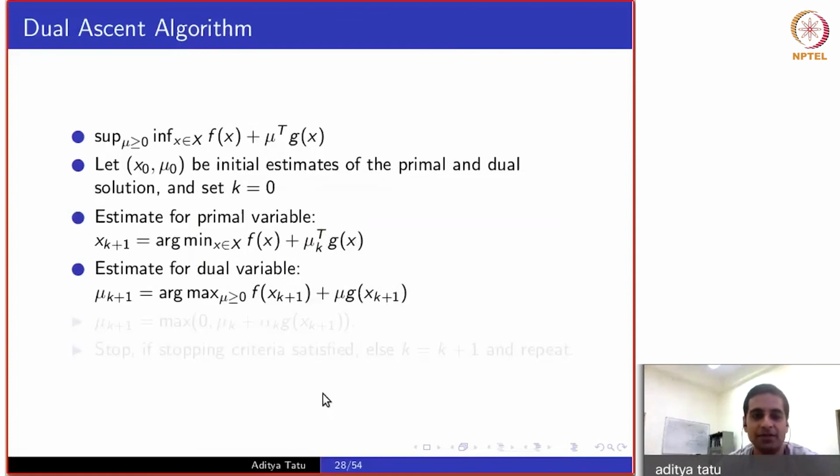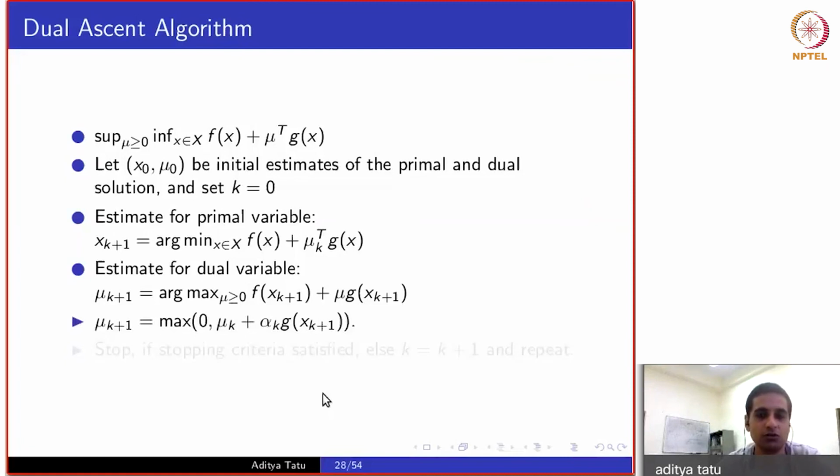Now, this maximization over mu is a maximization of a linear function. So in principle, there is no maxima, but we can do a gradient ascent step instead of a gradient descent, since you want to maximize this. The gradient of this function with respect to mu is just g.